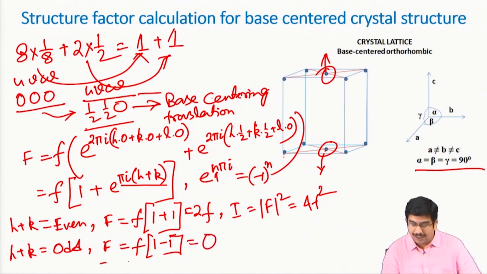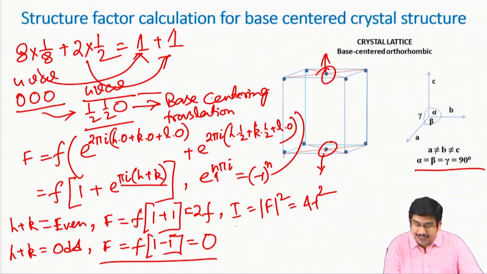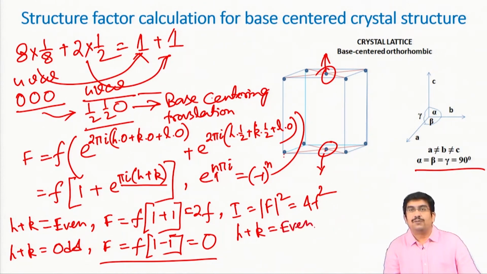So I will not get any intensity from this. Now we have to solve it a little more. How can we make H plus K even? This is possible when we have H and K unmixed.